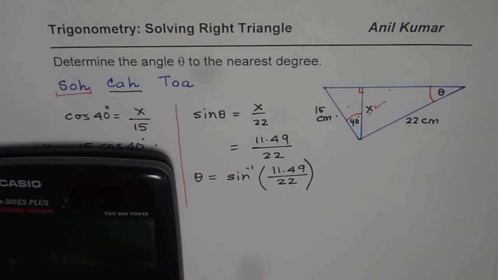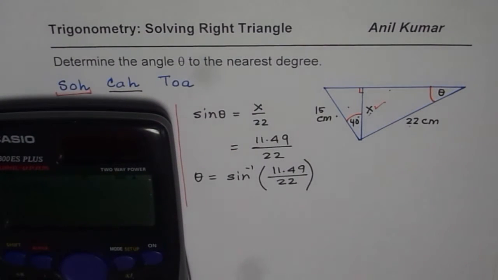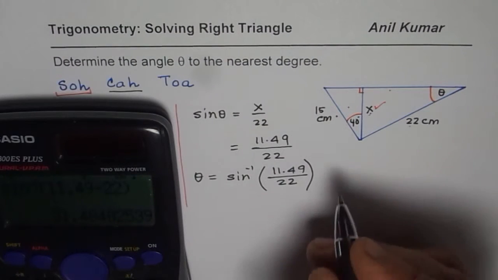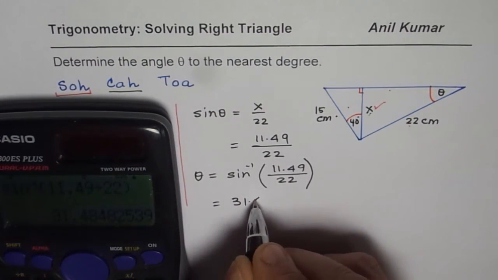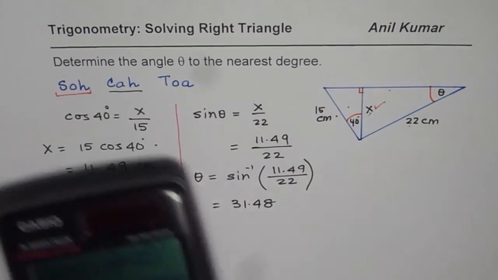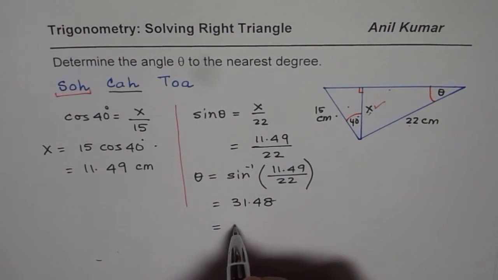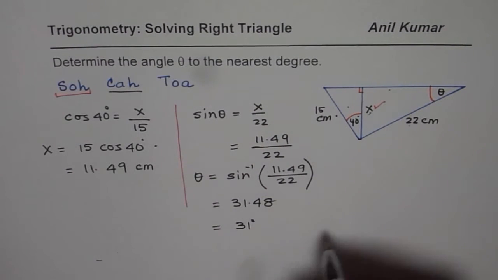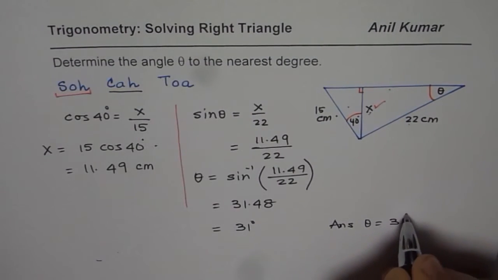So we'll do shift sine function, so we get sine inverse within bracket 11.49 divided by 22 bracket close equals to, so we get our angle as 31.48, correct? This could be rounded to the nearest degree, so it is 31 degrees, and therefore we get our answer, that is theta equals 31 degrees.